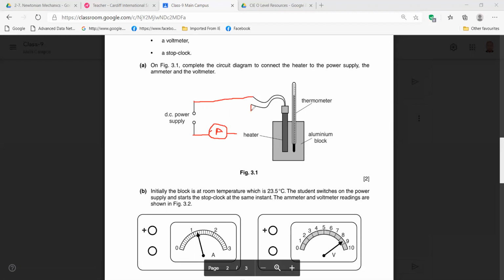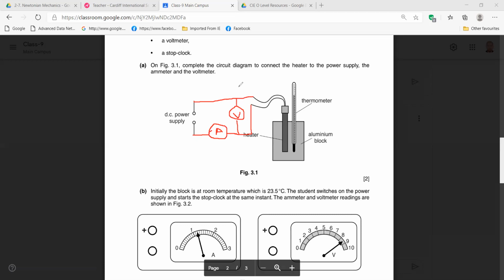I'm showing you how to do it. And voltmeter is this one. So A stands for ammeter, and V stands for voltmeter.